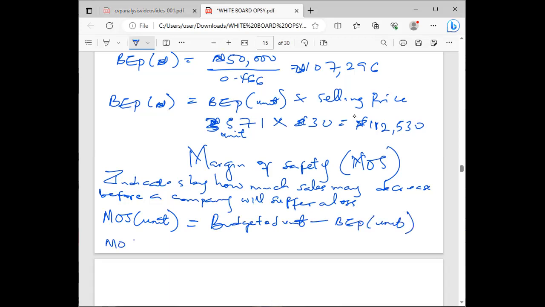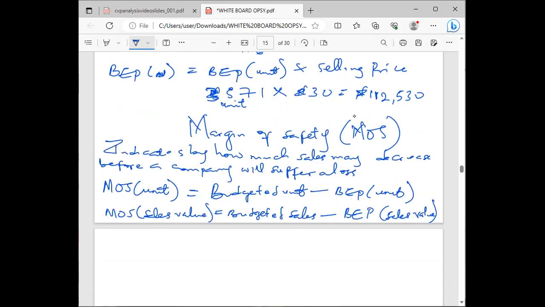And MOS in sales value is budgeted sales in naira, or whatever currency you are given, minus break-even point in sales value.